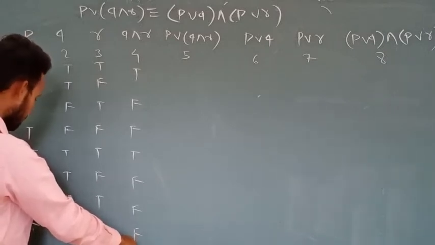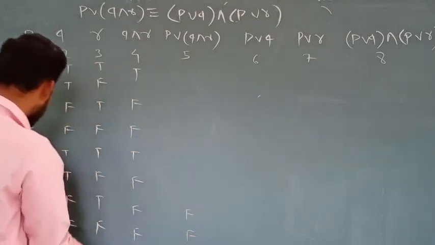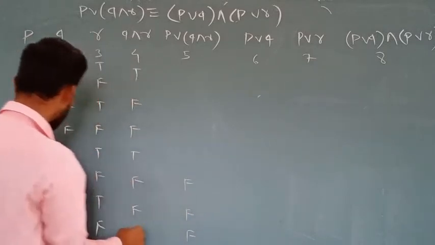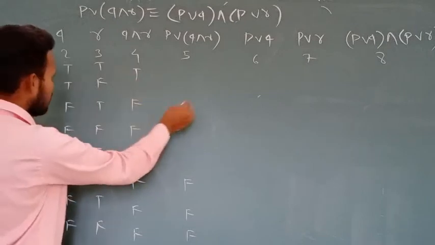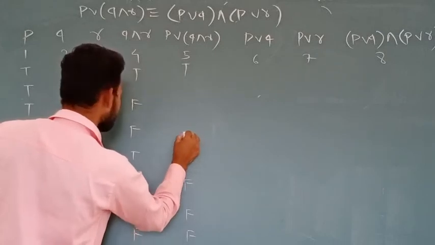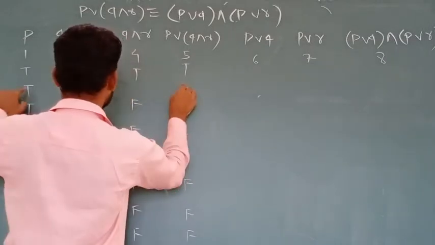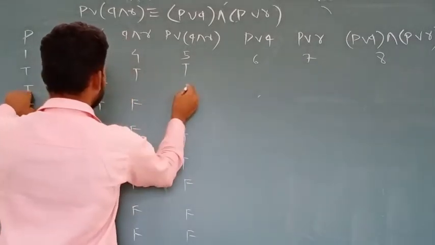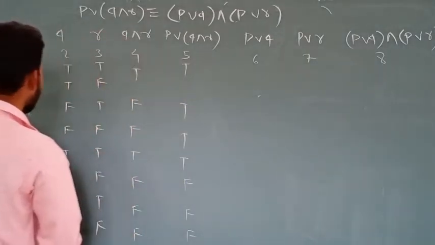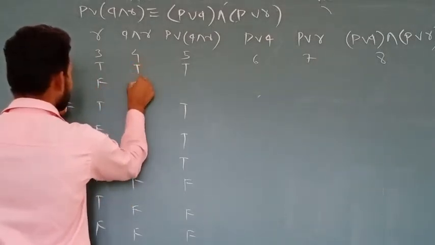Means here only this F, here also F, therefore only we can write here F, here also F, then this also F, I think this also F, therefore only we can write here F. Then the next remaining, not F, therefore this T, here this also T, there also T, then there also T, 1 2 3 4 5 6 7, and this also I think T, where this and this Q meet with R, 1 2 3 4 5 6 7, one value remains here, there also what? False. Means this T and that F.